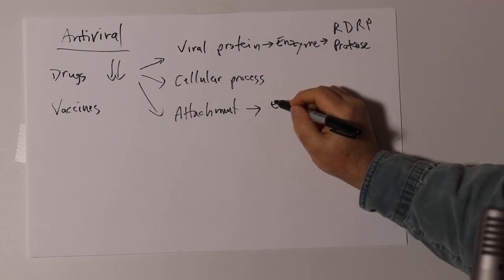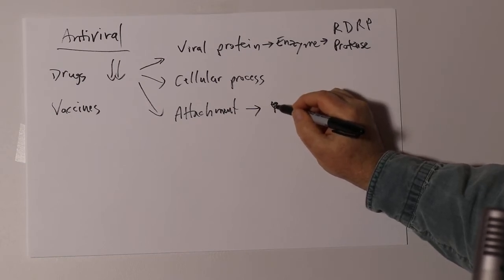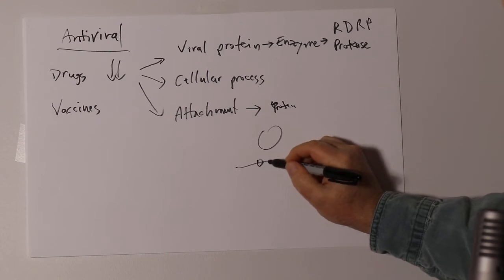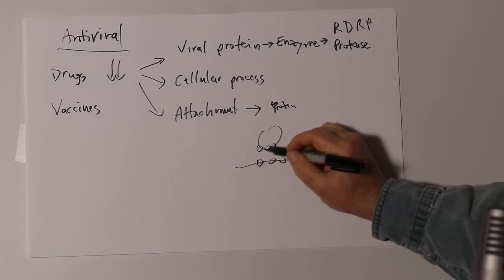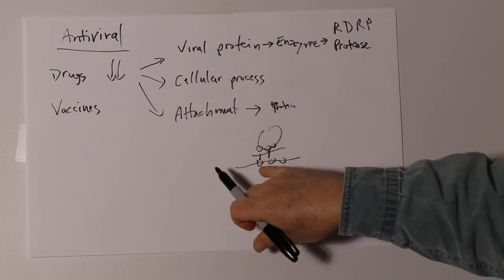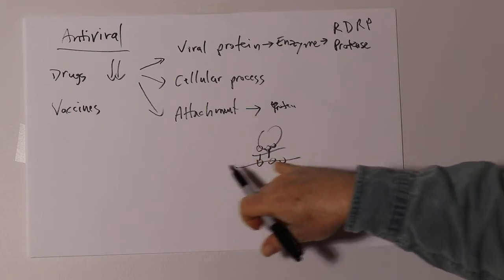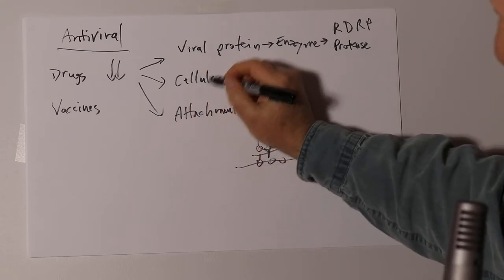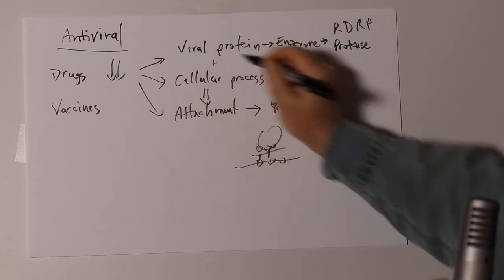Attachment, now you're talking about a surface protein on the surface of the virus, and you're trying to block its interaction with the cell membrane. And that could have, in theory, deleterious effects on the normal function of that cellular protein. So that's why it's kind of a merger of these other 2 processes.